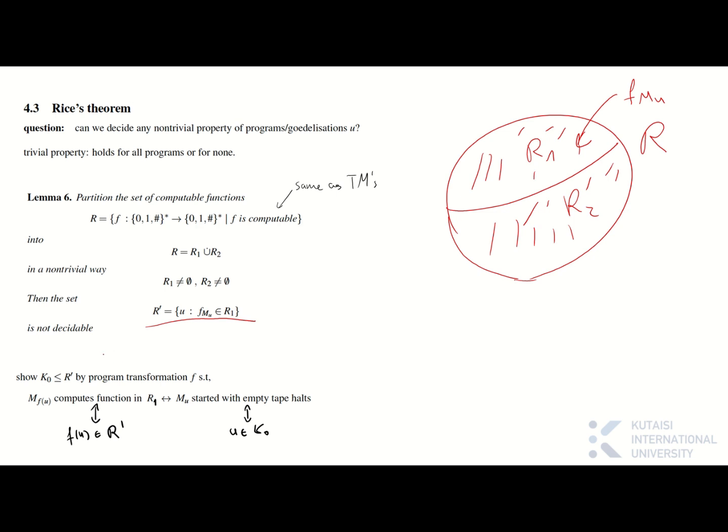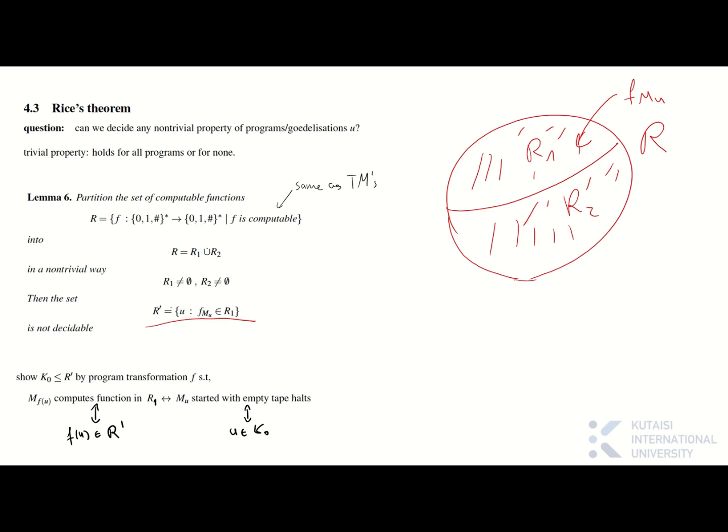And how we are going to prove this is basically we will show that K0, which we proved directly is undecidable, this special halting problem, can be reduced to this R prime. Whatever this R prime is, doesn't matter.